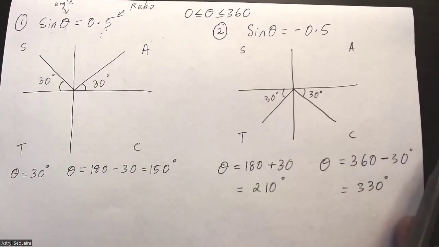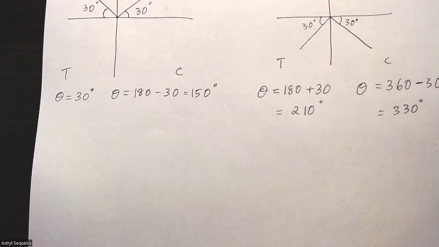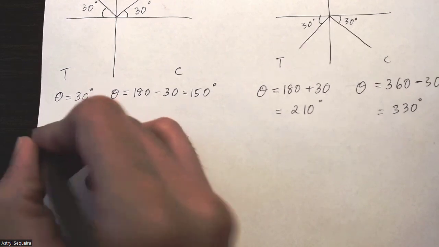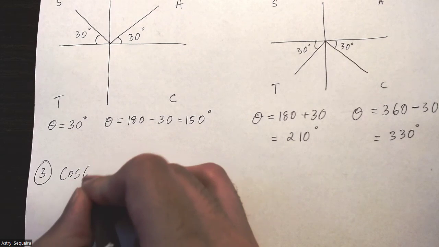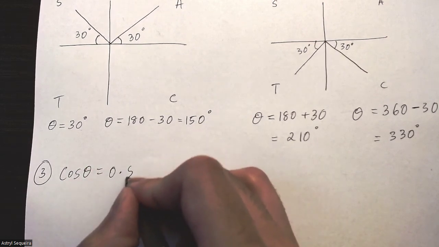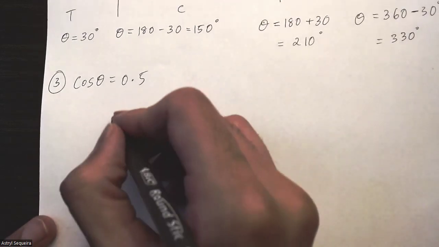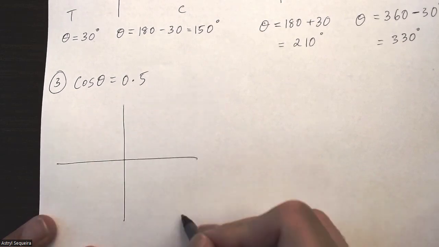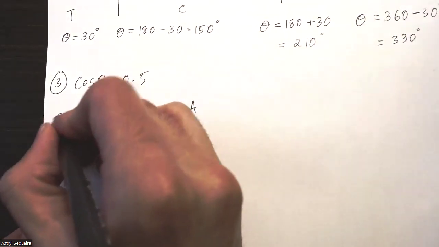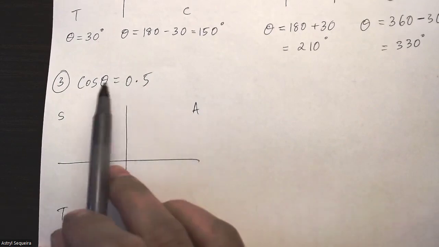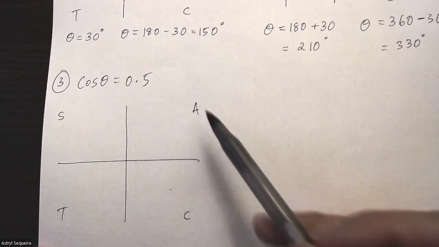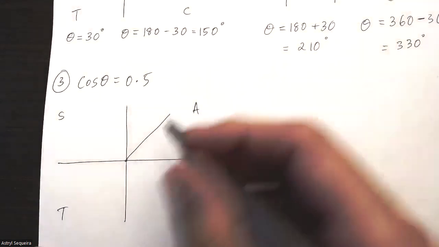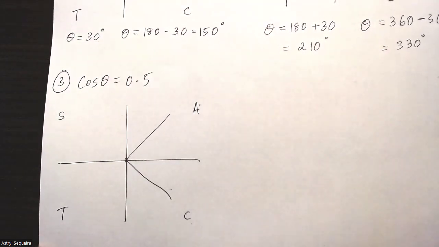I've explained sine over there. I'm going to go to cos next. I'll do these quicker now because I think you're going to start to get the idea of what's going on. Let's say I had cos theta equals 0.5. I'm going to start with my CAST rule. Cos is positive in the first and the fourth quadrant, in A and C, because all are positive, cos is positive.